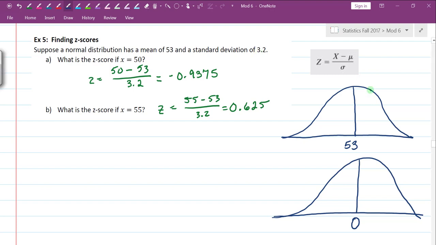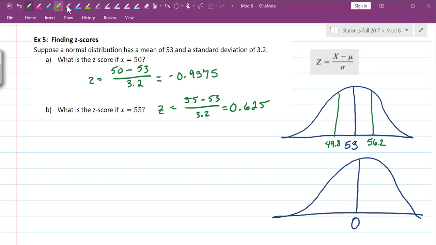So right here, let me switch colors. Right here is going to be 56.2. Now let's go one standard deviation below the mean. So 53 minus 3.2 is going to give me 49.8. So right here is 49.8. And yes, if I was drawing it, I would really want to go to the point of inflection on my curves, but I'm going to go off of the consistent width instead.